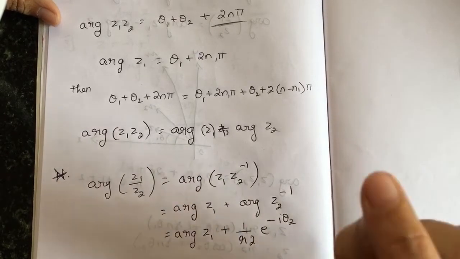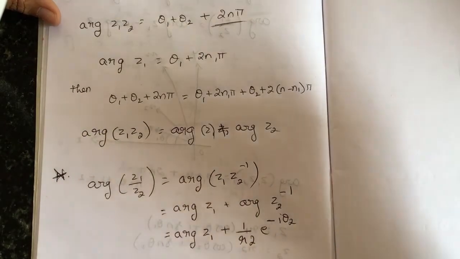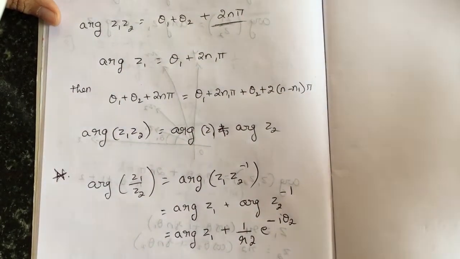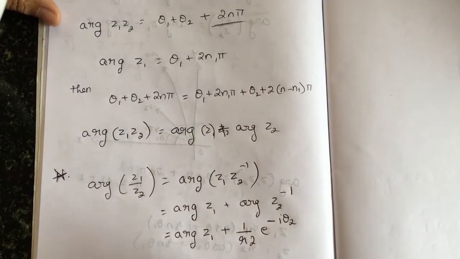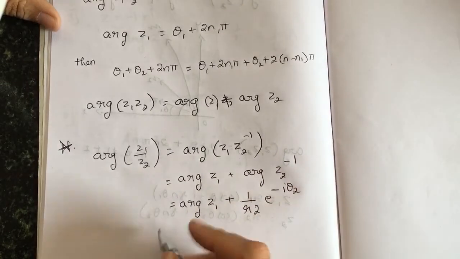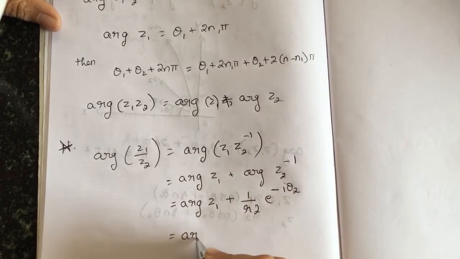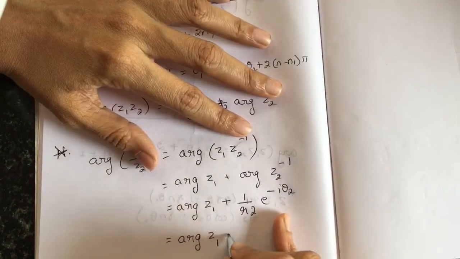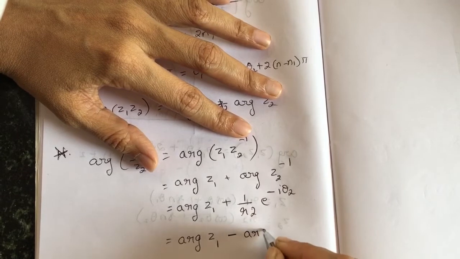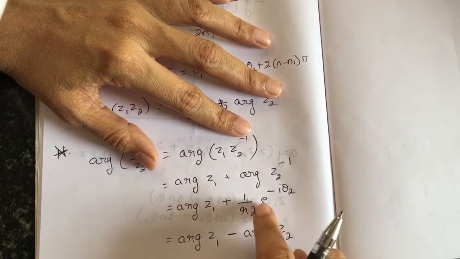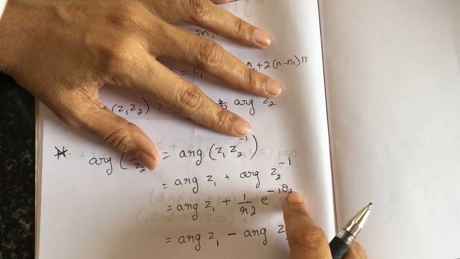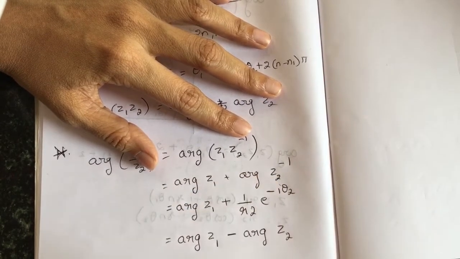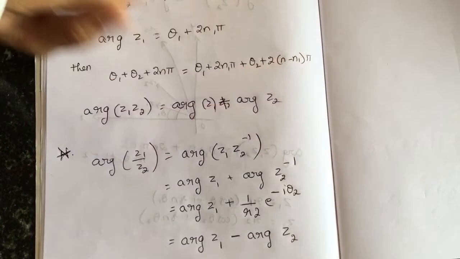Z2 is r2 e power i theta 2. When you take its inverse, e power minus i theta. Okay, so it's minus i theta 2. So this is same as writing argument of z1 minus argument of z2, because e power i theta 2, so it's minus of argument of z2.